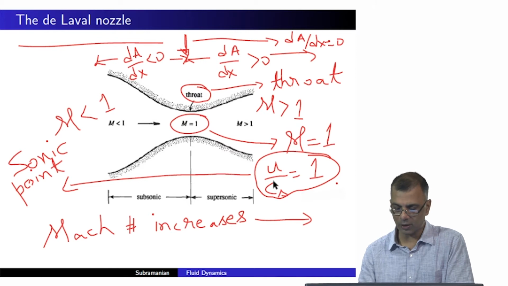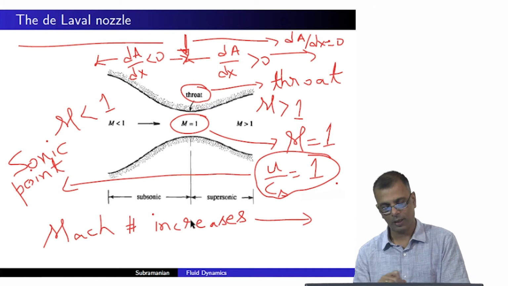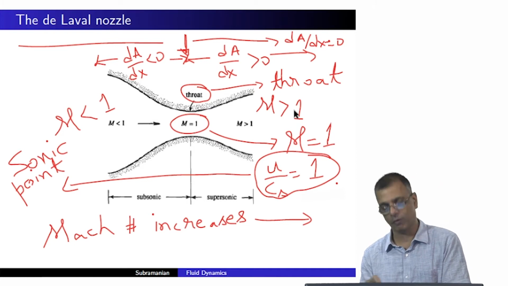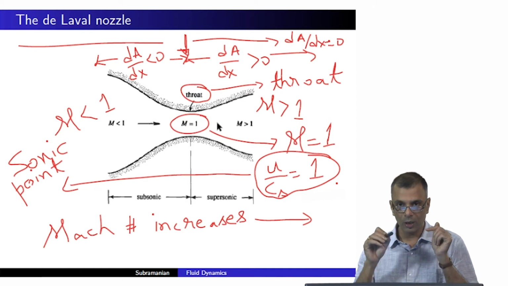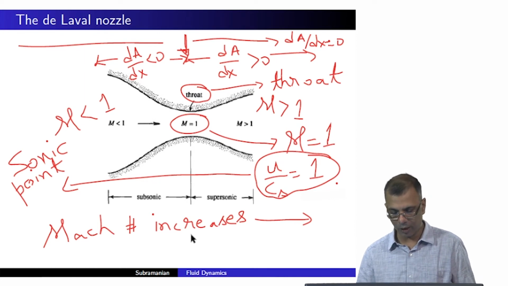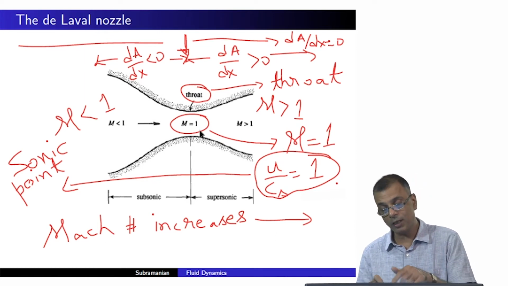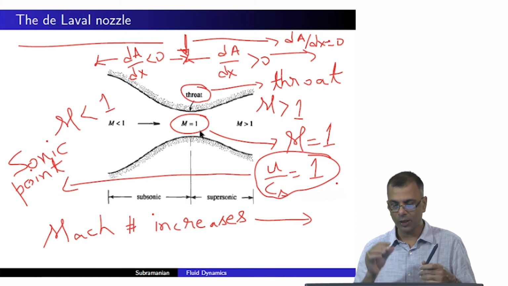The flow speed is equal to the sound speed. So right at the throat, you have what's called the sonic point, and to the right of this, the flow starts becoming supersonic. So to ensure that the flow keeps accelerating, and therefore the Mach number keeps increasing to the right, you need to have a diverging channel now, because we know that for supersonic flows, a diverging channel acts as a nozzle.